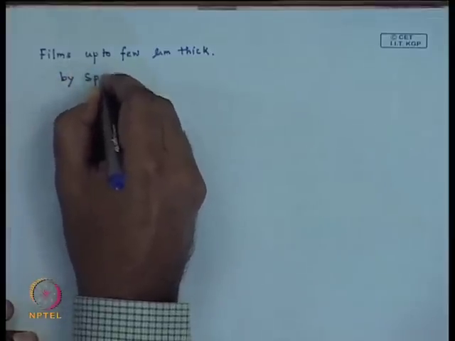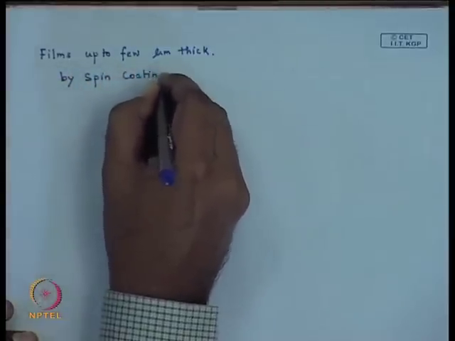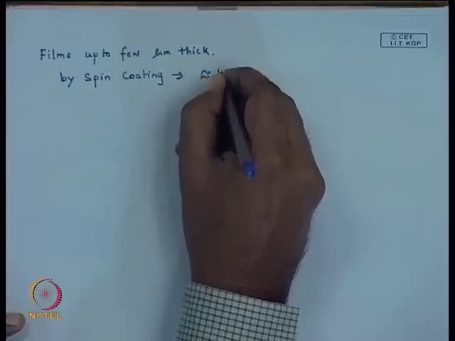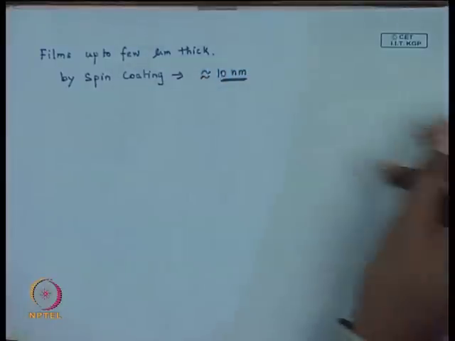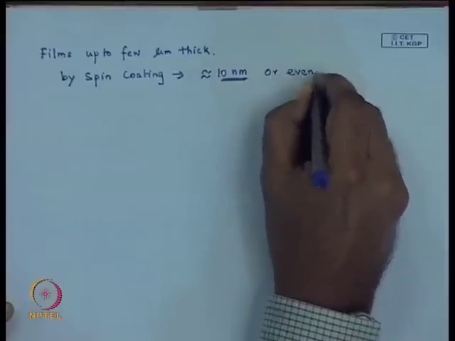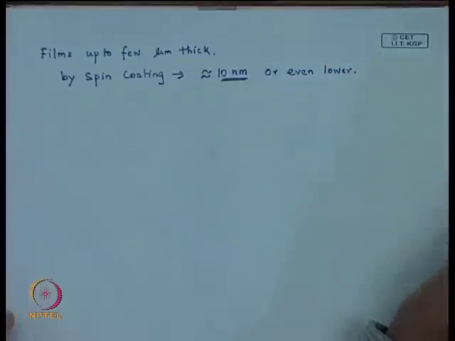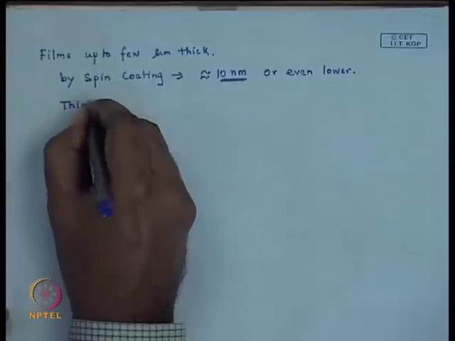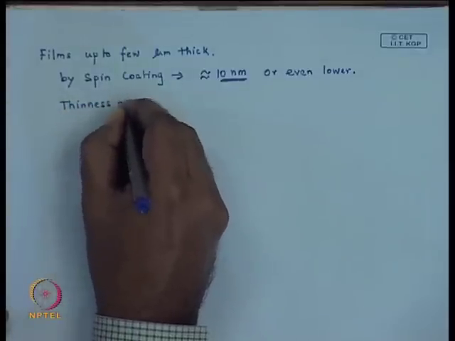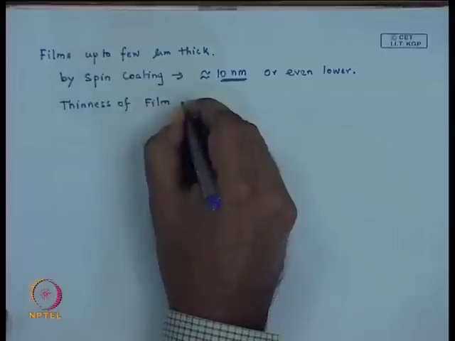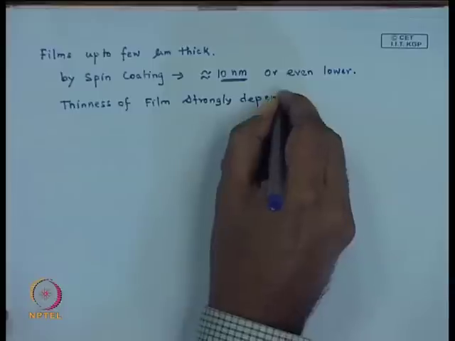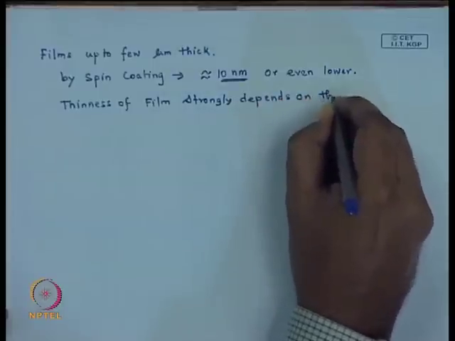But the most interesting thing is that by spin coating you can create films which have thickness as low as 10 nanometer or even lower. Of course, how thin you can cast your film strongly depends on the wettability of the substrate also.